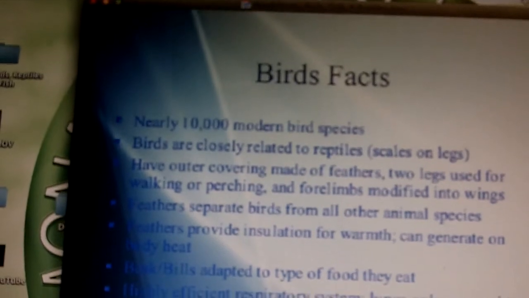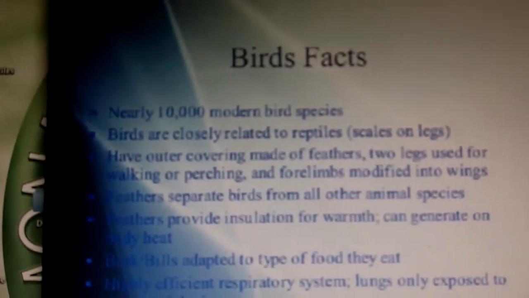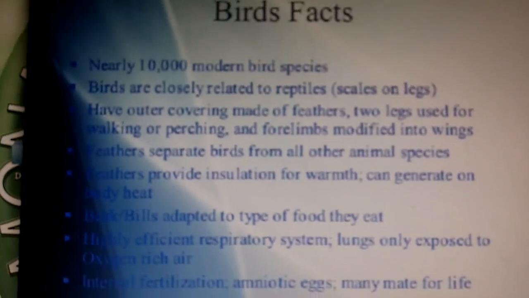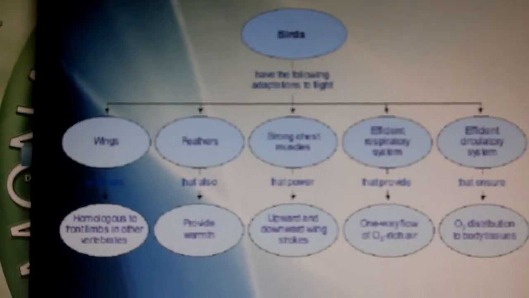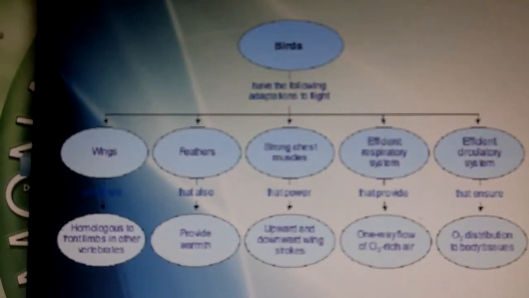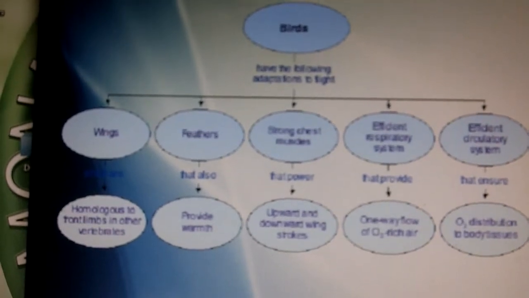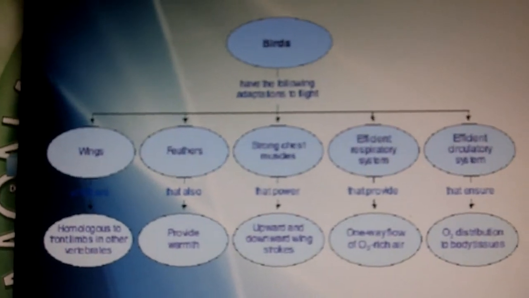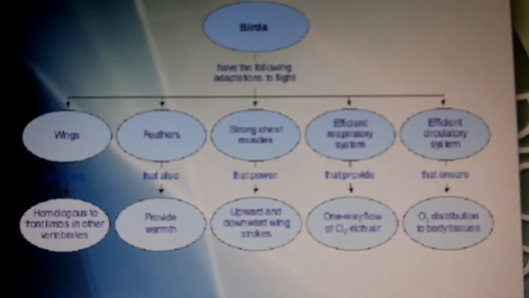Fourth category, bird facts or facts about birds. Nearly 10,000 modern birds. Okay, birds have the following adaptations to flight: wings, feathers, strong chest muscle, efficient respiratory system.